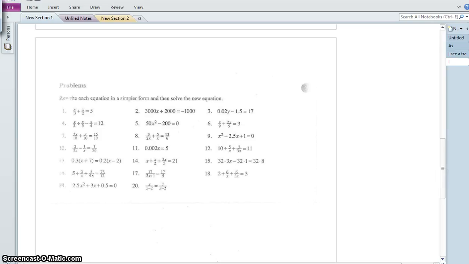So if we apply that idea in number 11, I would like to move this decimal point over 1, 2, 3 spaces so that I have 2x equals something. I can do that by multiplying every term by 1,000.